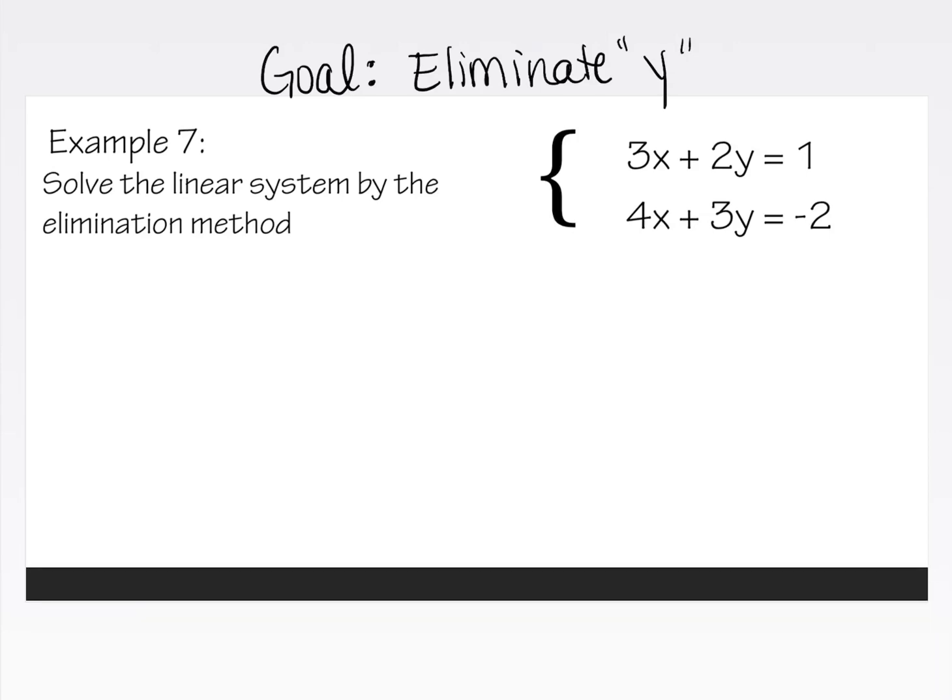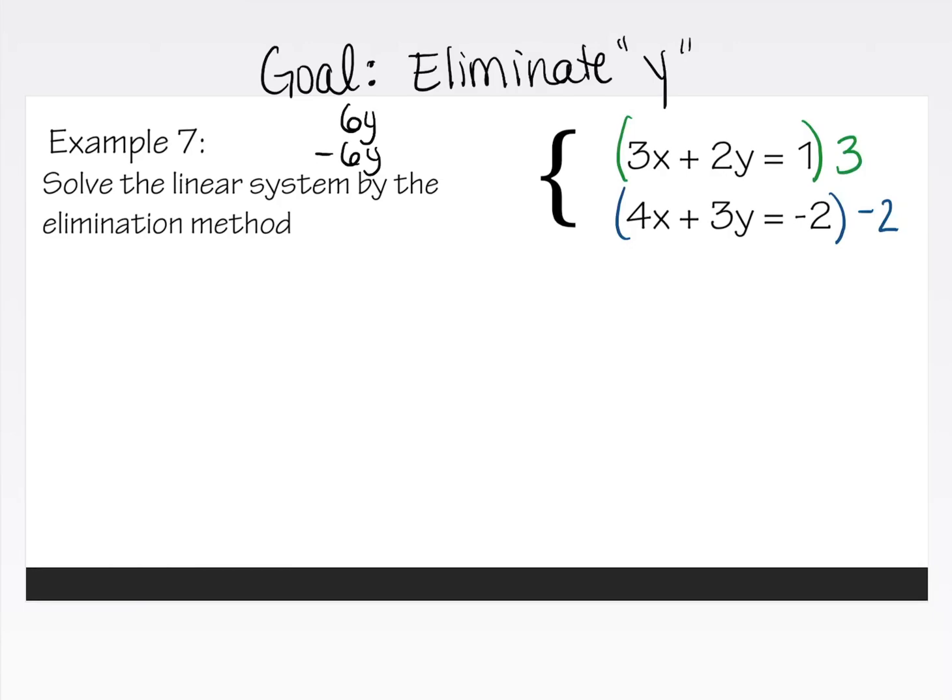How I'm going to do this is the first equation. Let's say the least common multiple of 2y and 3y. We want to get positive 6y and negative 6y. So in order to get positive 6y, I'm going to multiply that entire equation by positive 3. In order to get negative 6y, I'm going to multiply that entire row by negative 2.